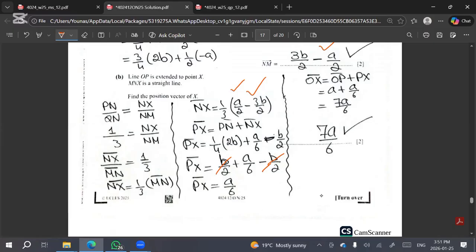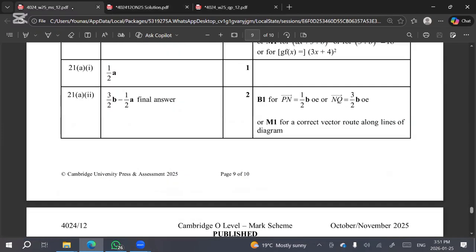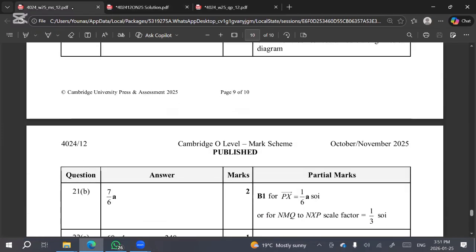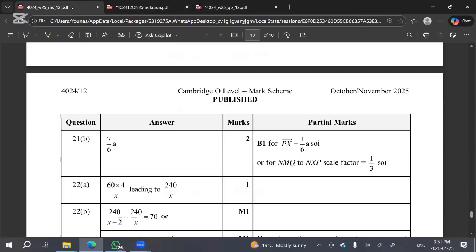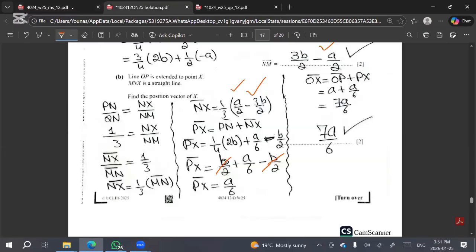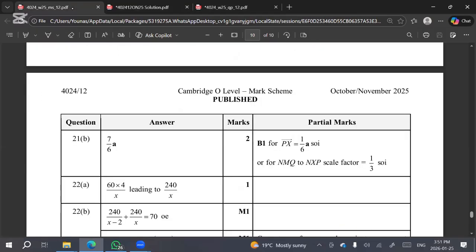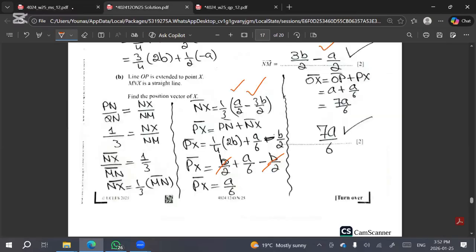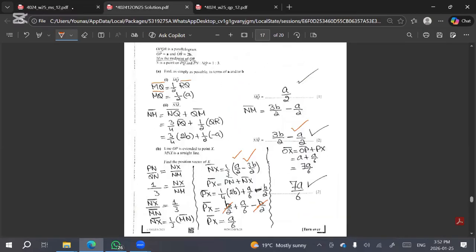So it will become 7A by 6. So 7A by 6 is the answer, sir. Let me check first of all and then we will go further. So 7A by 6 is the right answer, sir. So let me reduce this size so the whole solution you can see for this question.